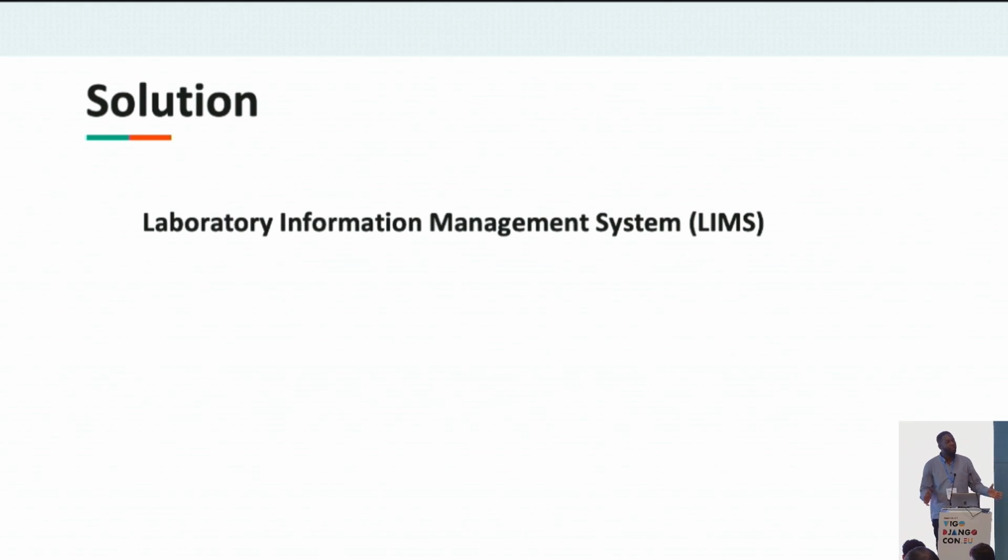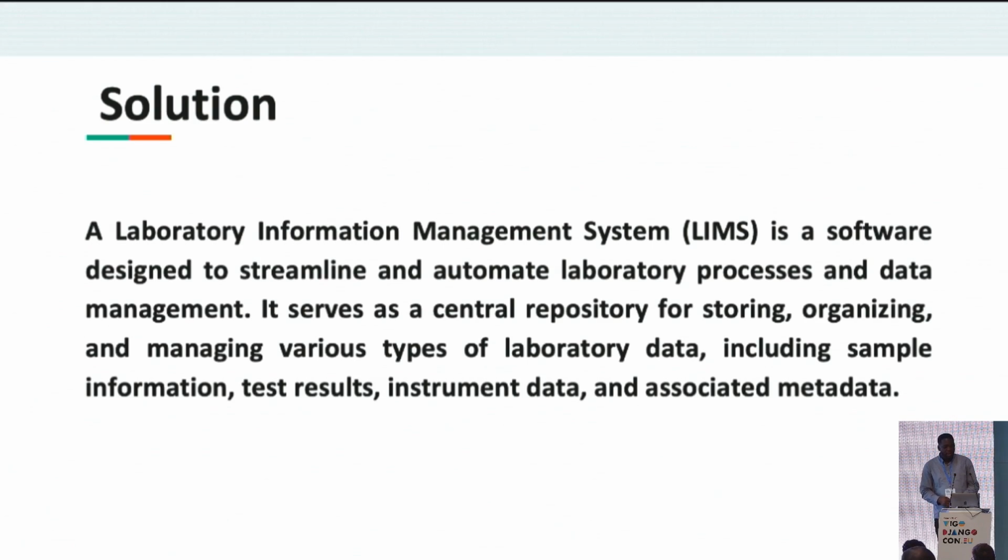We can solve all these problems by building a LIMS, that's a Laboratory Information Management System. And what is a Laboratory Information Management System? Some people will see it in different ways based on what they want to use it for, but I found this definition very interesting. A Laboratory Information Management System is software that is designed to streamline and automate lab processes.